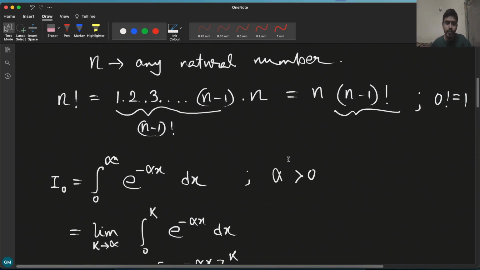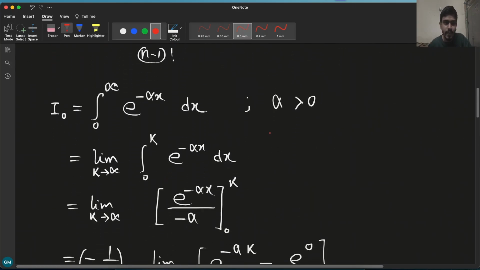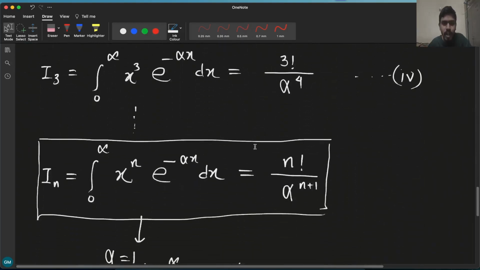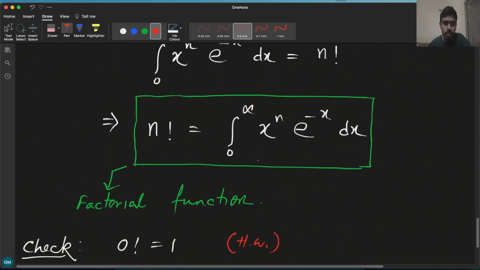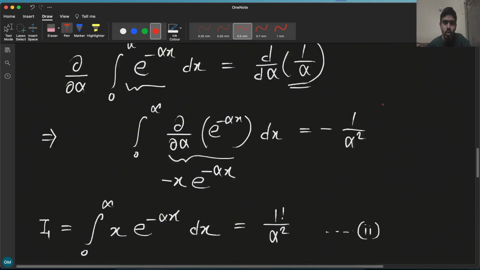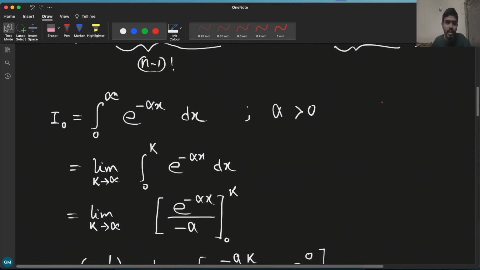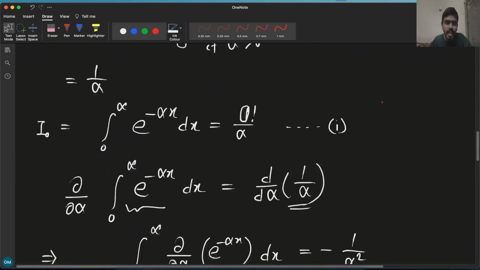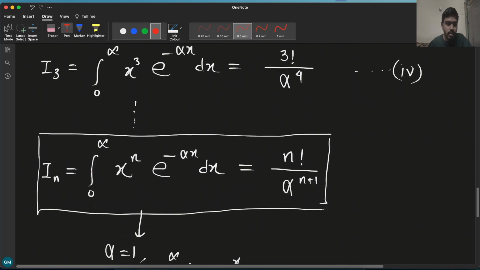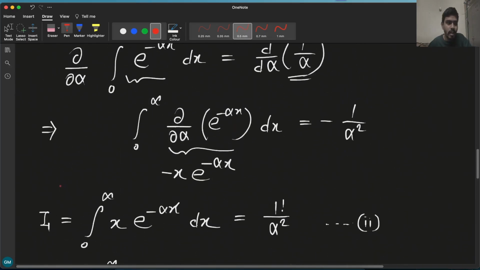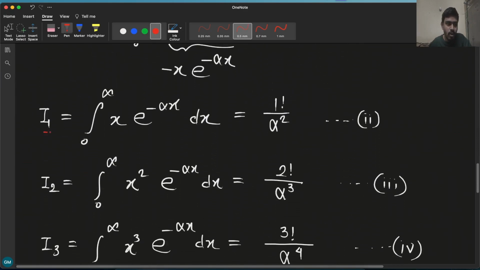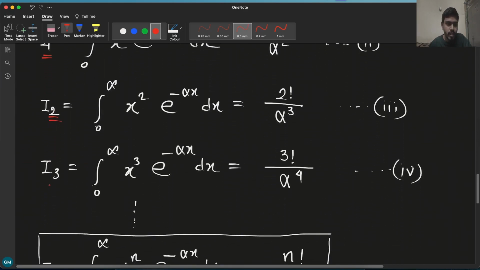Now look carefully. Here what I did is basically I have shown this factorial function, which is n factorial. Throughout this proof, while deriving this pattern, this n will take values from 0 and then 1, 2, 3, right?